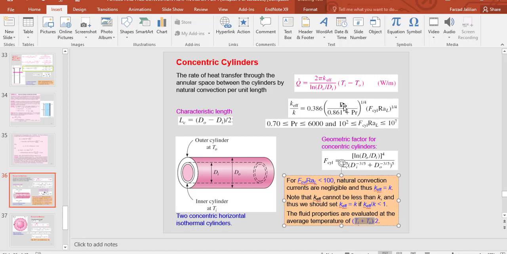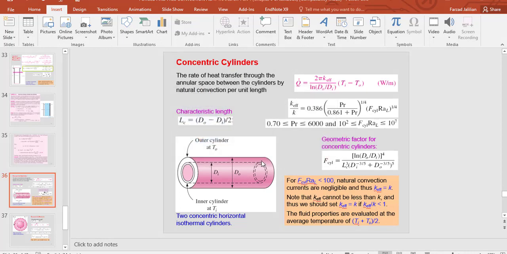Again, to find the Prandtl number for the fluid in these concentric cylinders, you should go to the table. Different tables for different fluids, for example. Then there you need to know the temperature of that fluid, and the temperature of that fluid is equal to the average temperature of these two cylinders.